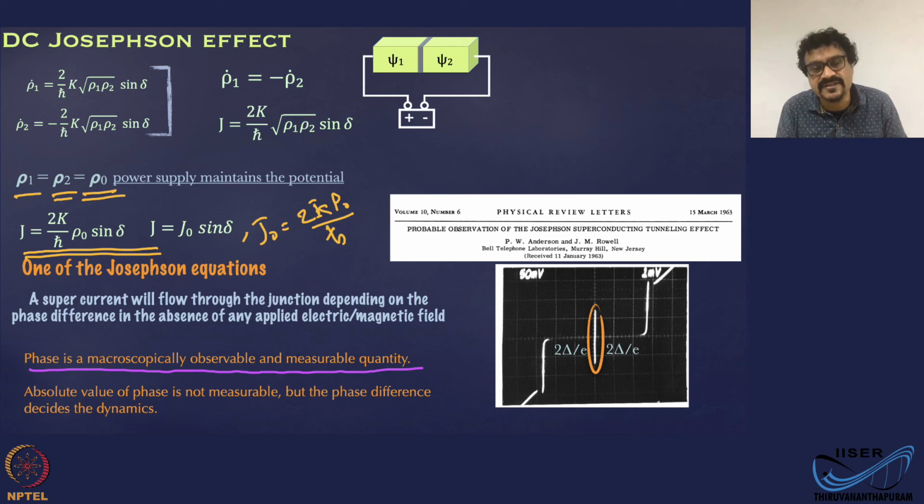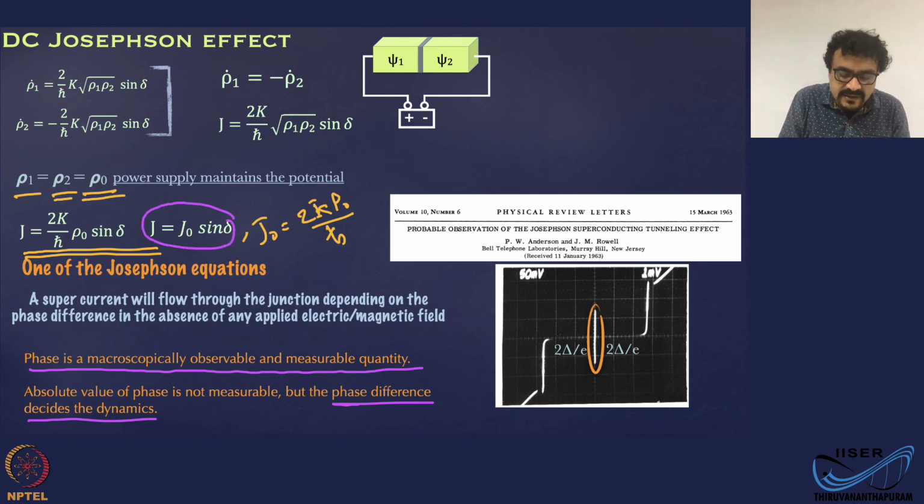You can see the phase. What you are seeing is not actually the phase, it is the phase difference. This phase difference is a dynamical quantity. It decides the dynamics of the charge carriers. And this is one of the Josephson equations.